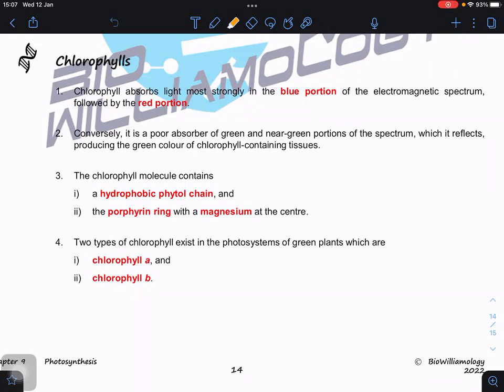Two types of chlorophyll exist in the photosystem of the green plant, chlorophyll A and chlorophyll B. Chlorophyll A has the possibility to become the reaction center, but with conditions: it must have the peak absorbance at 680 nanometer for photosystem 2 and 700 nanometer for photosystem 1.